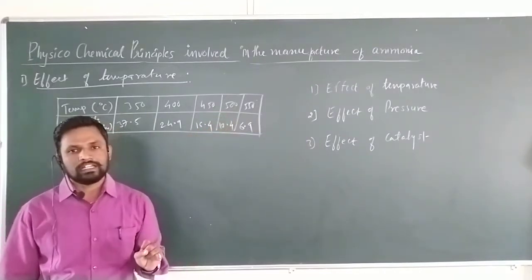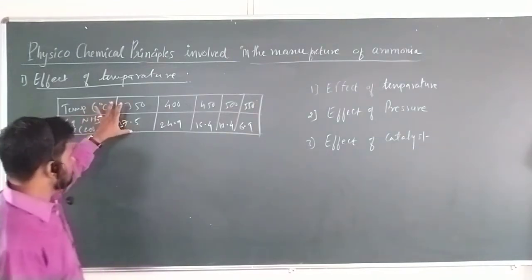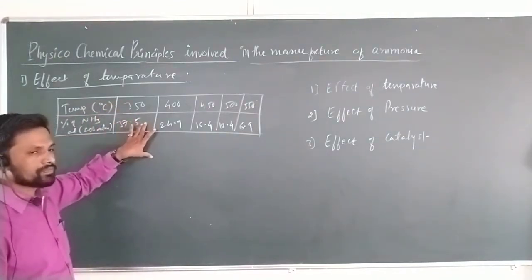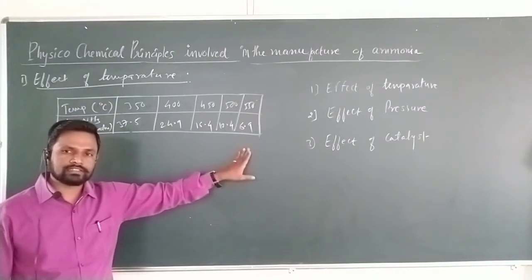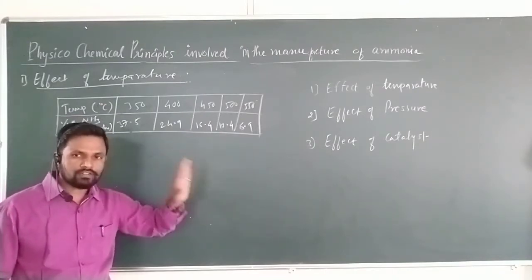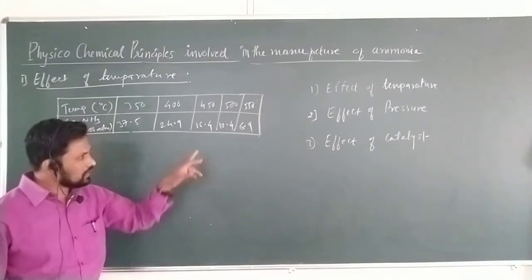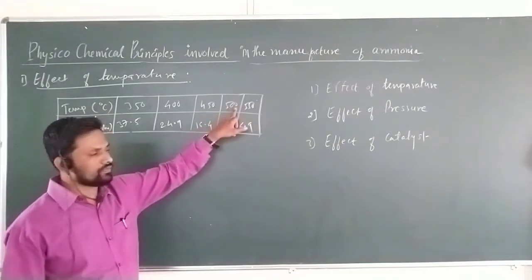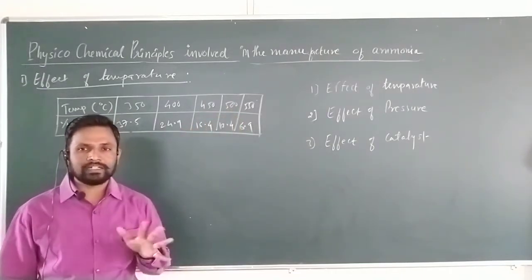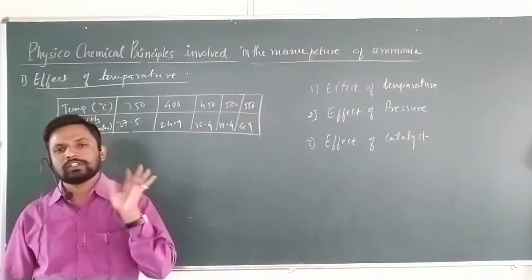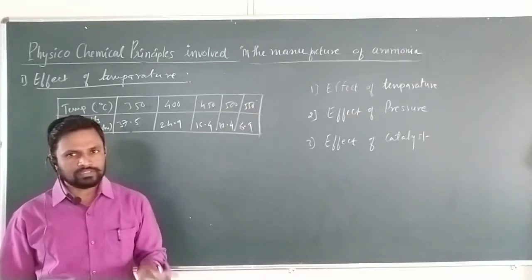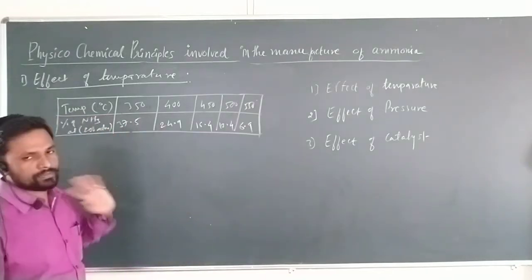So as we can see, as temperature decreases the percentage of ammonia increases, but the rate of reaction is very slow. Therefore an optimum temperature of 500 degrees Celsius is maintained for the formation of ammonia. I hope you understand. So this is the effect of temperature.